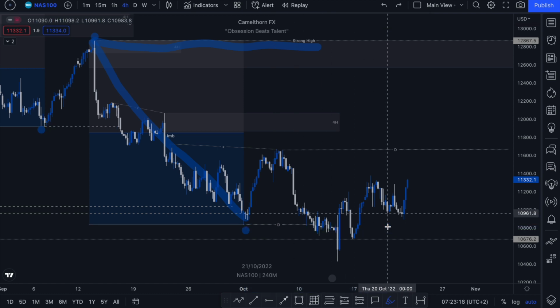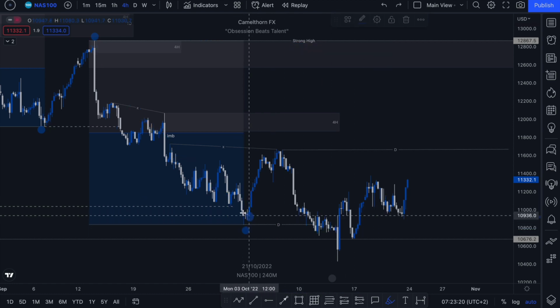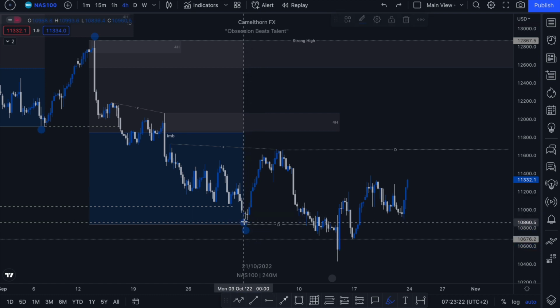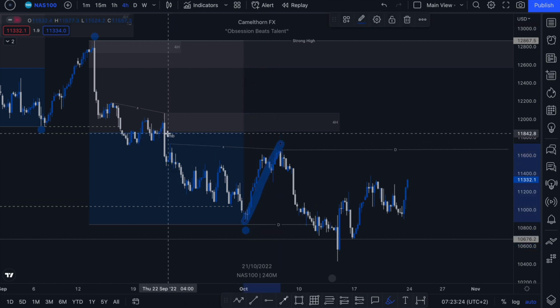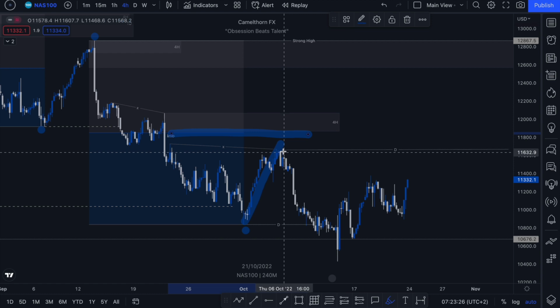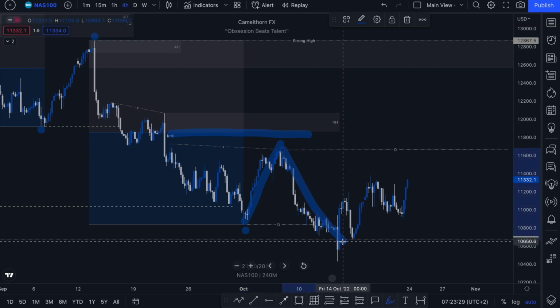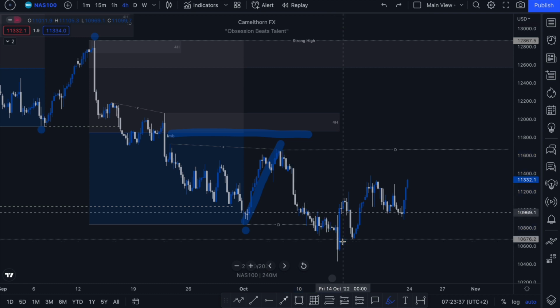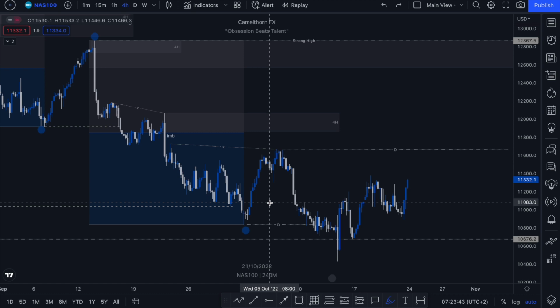Notice how price action, after forming this low, never pulled back towards the equilibrium before rolling over. Now, this is something that does happen when you trade smart money concepts, especially if you use premium and discounted pricing as a cornerstone in how you identify potential trade opportunities. This is something that does occur.